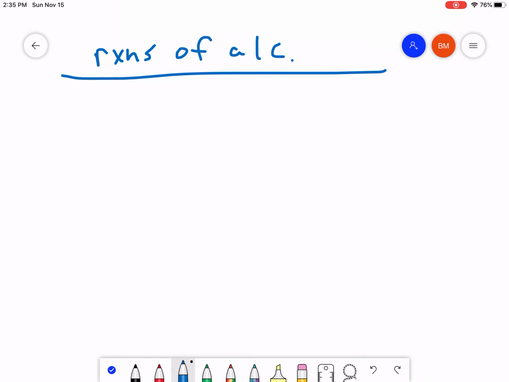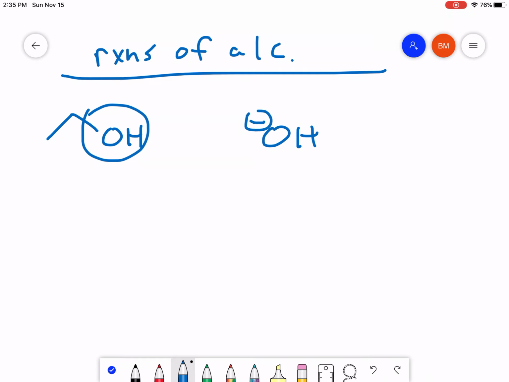Alcohols, in and of themselves, do not have good leaving groups. Take a look at what the leaving group is going to be. Basically, what you do in a reaction of an alcohol is you get rid of the OH group. So, if this just left by itself, that would give you OH minus as a leaving group. Well, what is OH minus?